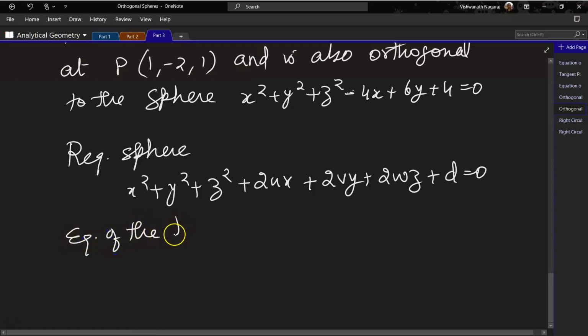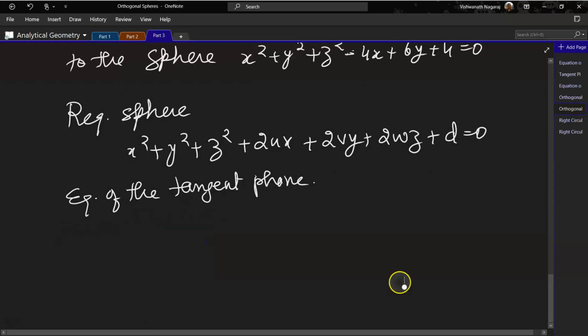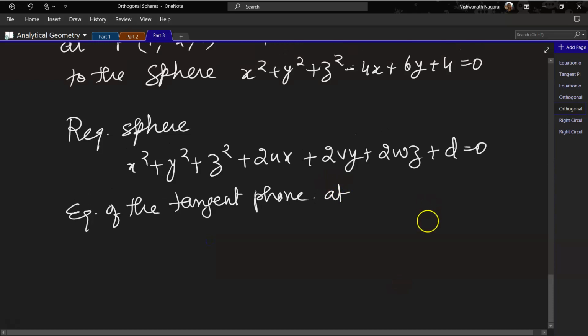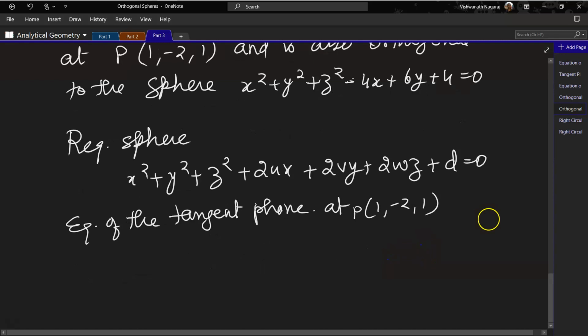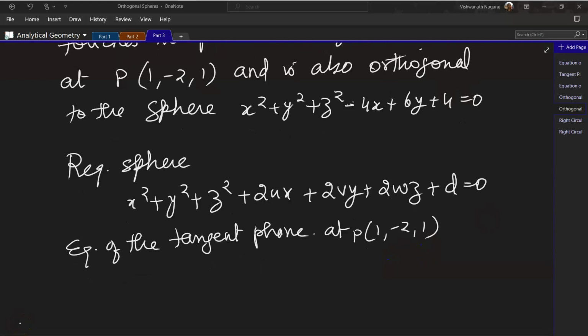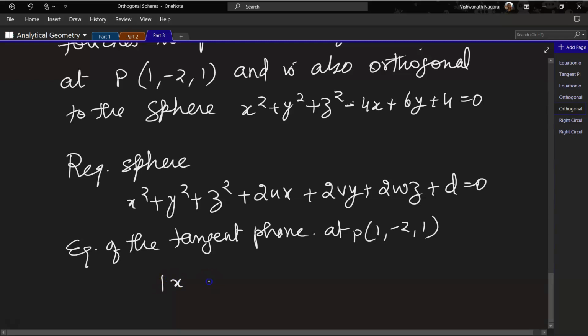Now, the equation of the tangent plane at a particular point, that is at (1, -2, 1), is given by, remember, x1. Here x1 is this. So 1x minus 2y plus 1z.